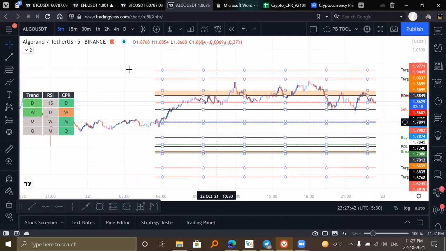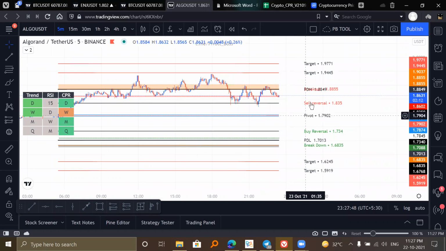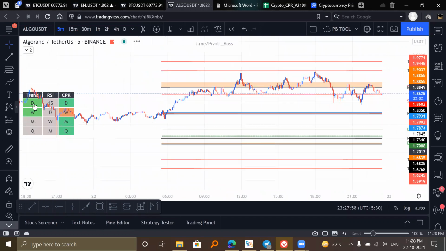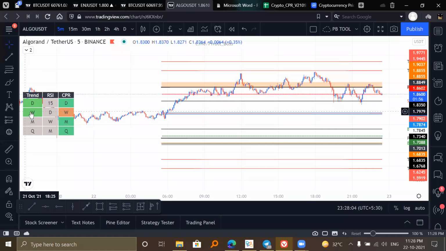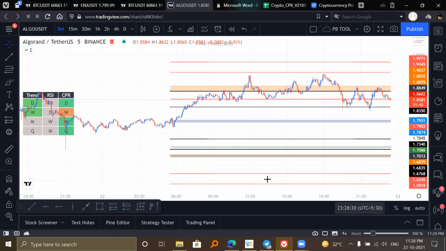These are the daily pivots, and all the levels are written here: the pivot, sell reversal, previous day high, buy reversal, breakdown, and targets. And this is the pivot trend, RSI trend, and CPR trend. The daily trend is up and the CPR trend is also up, so you should probably look for buy entries only.